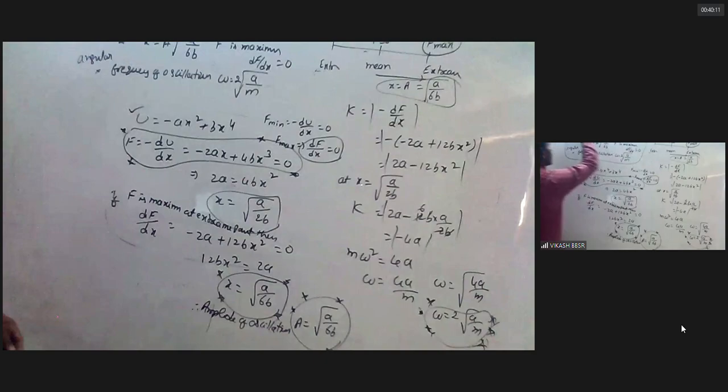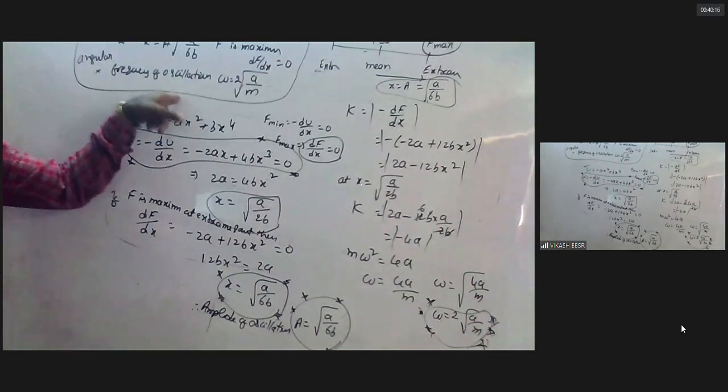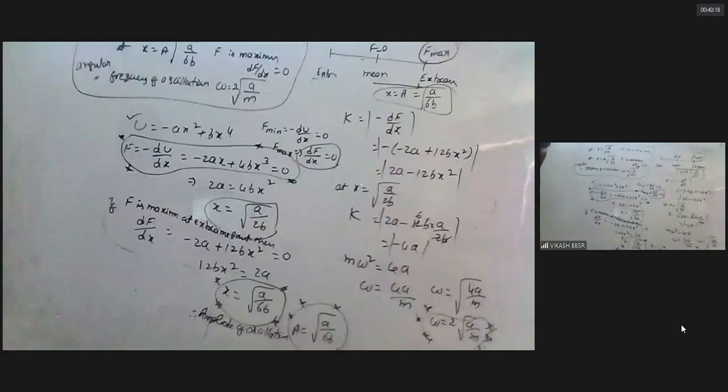From this question, we have got 3 points, 1, 2, 3. Note down 3. Keep in the bracket all 3.